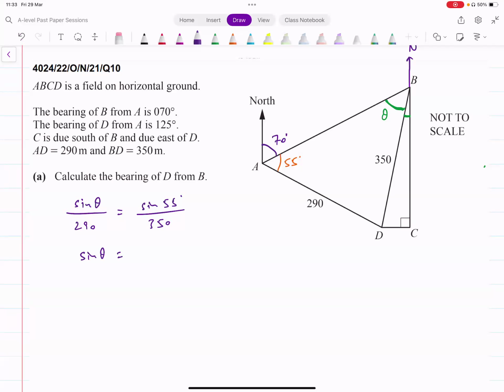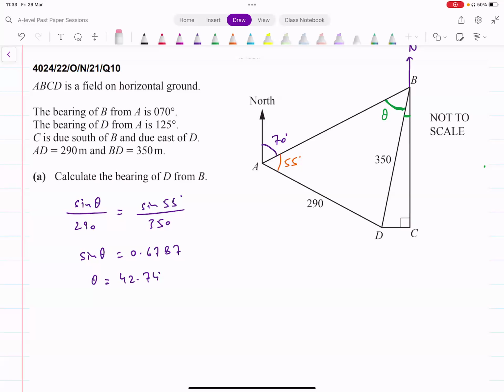Let's see what that turns out to be. 290 into sine of 55 divided by 350, and that's giving me 0.6787. Let's do sine inverse of that. The angle theta turns out to be 42.74 degrees. That's the value of this angle theta.